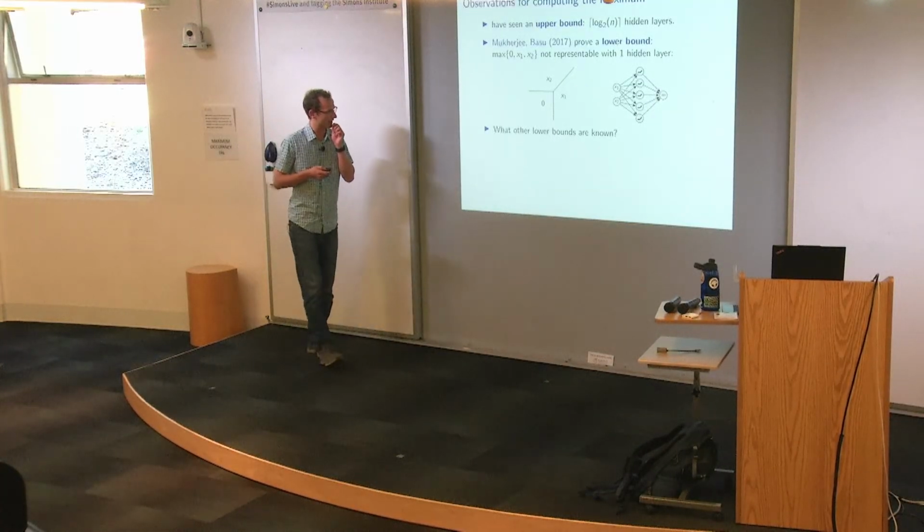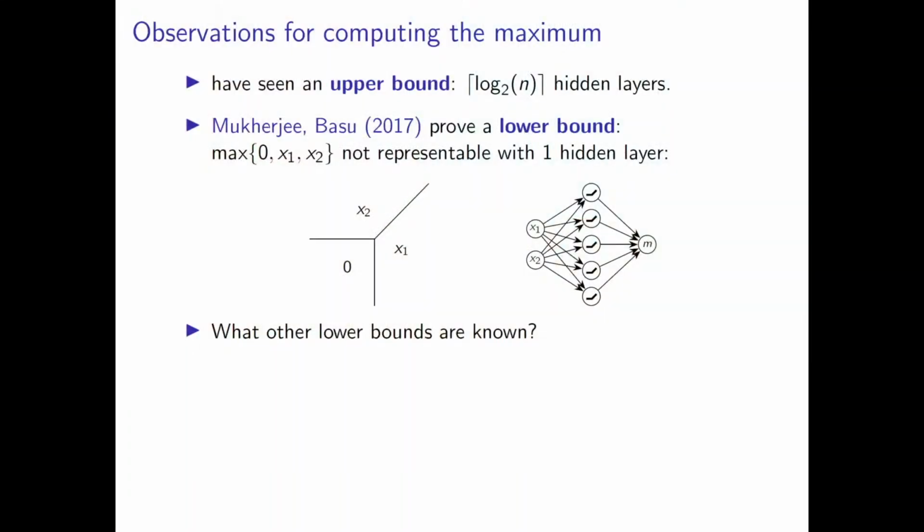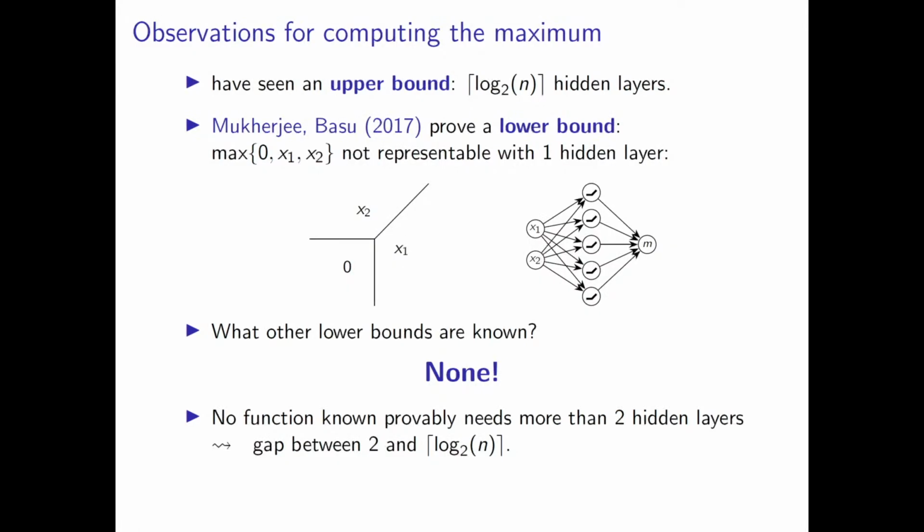OK, so what other lower bounds do we know? This is a very easy lower bound, but at least it says that one hidden layer is not sufficient for exact representations. We don't know any other lower bound in full generality, at least. I've worked on this for a long time, and there are special cases where we know lower bounds. But in full generality, we don't have anything that shows that there exists a single function for which 2 hidden layers are not sufficient.